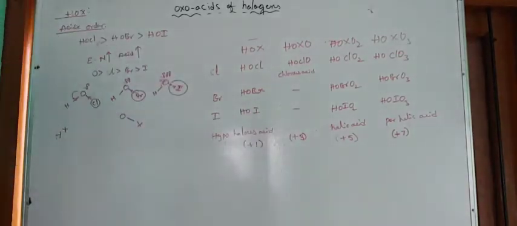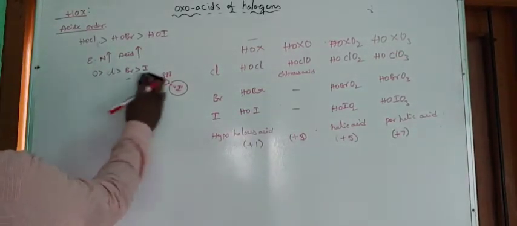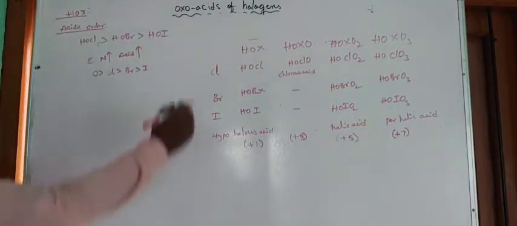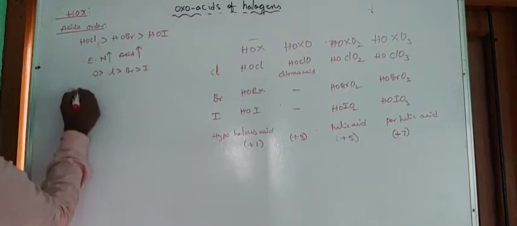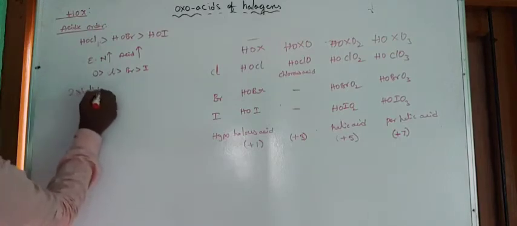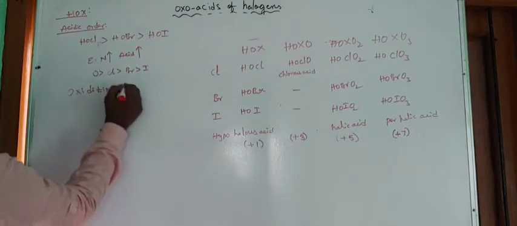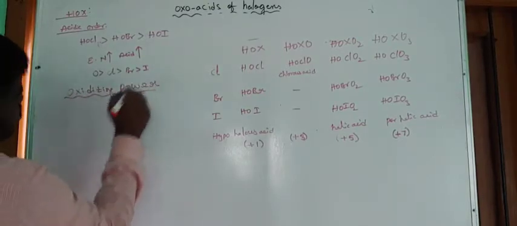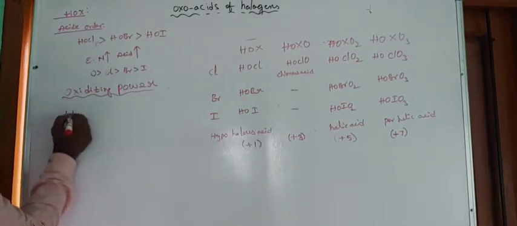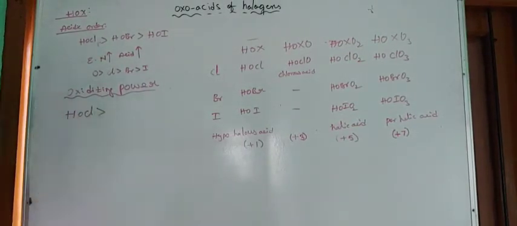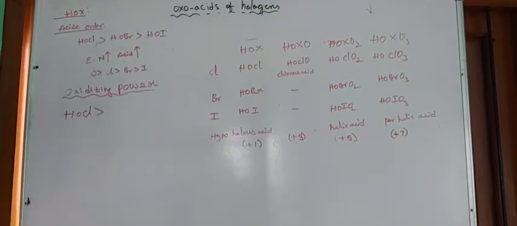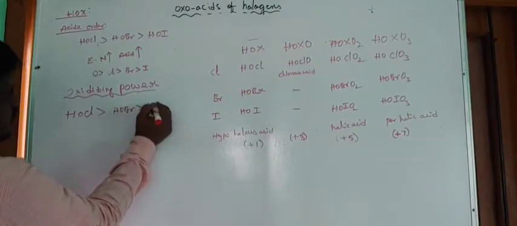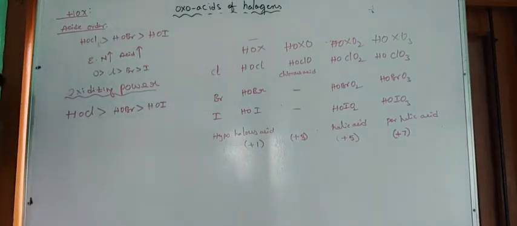So next one, oxidizing power. So right guys, HOCl is a stronger oxidizing agent than HOBr, and HOBr is a stronger oxidizing agent than HOI.